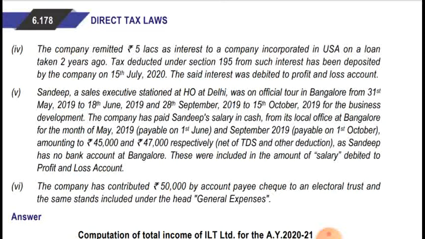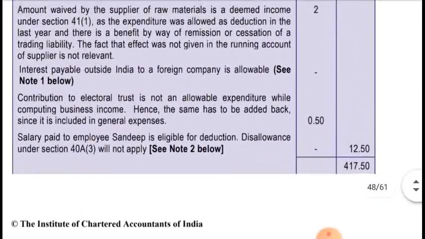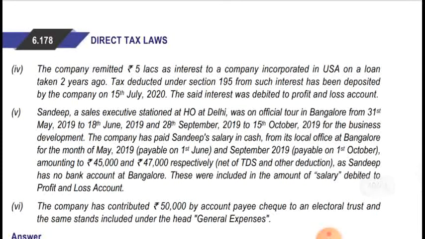So the company has remitted 5 lakhs as interest to a company incorporated in US on a loan taken 2 years back. The TDS under section 195 has been deposited by the company on 15 July. So the said interest was debited to profit and loss account. So no treatment will be there as it was allowable. Interest allowable and it has been already debited to profit and loss account. No treatment will be there.